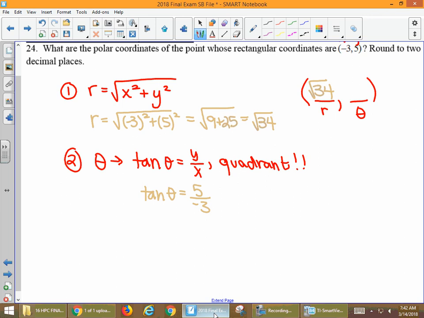I'm going to do arctan of 5 divided by -3. Now the calculator doesn't particularly care where that negative is. It's going to treat that negative the same whether you put it on the top of the fraction or the bottom. So don't think that it knows what you're doing.